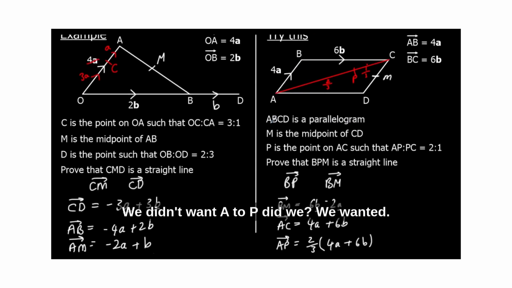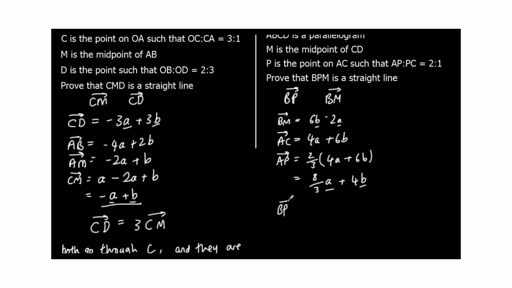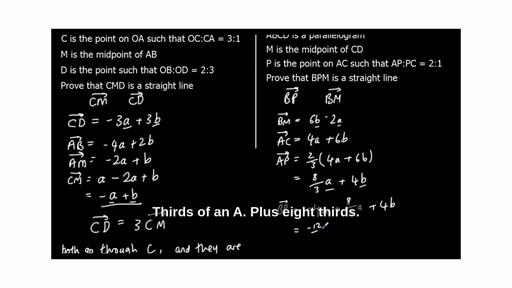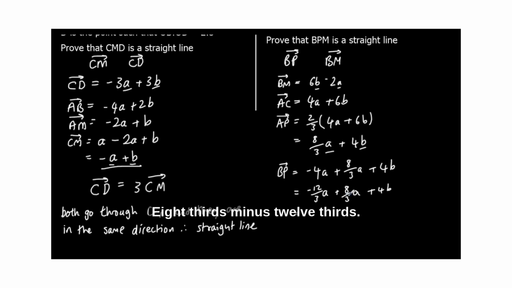We didn't want A to P, did we? We wanted B to P. So it's going to be minus 4a plus our last answer. So B to P is minus 4a plus 8/3 a plus 4b. 4a is, so 4 3s are 12, so it's 12/3 of an a, minus 12/3 of an a plus 8/3 of an a plus 4b. 8/3 minus 12/3 is minus 4/3.